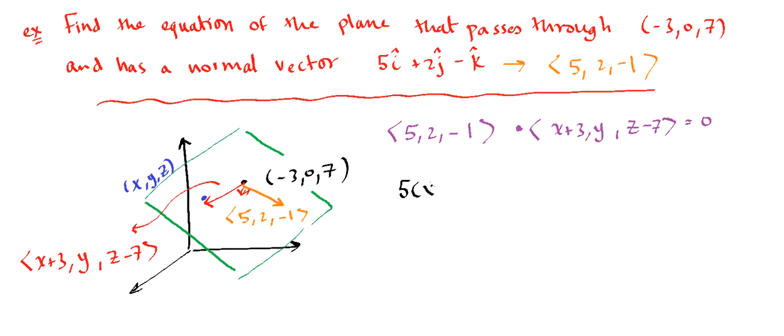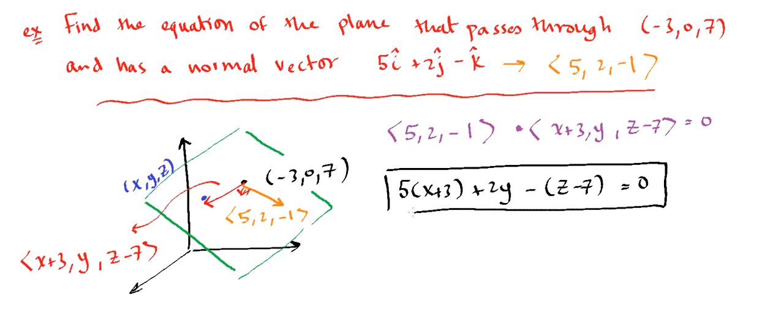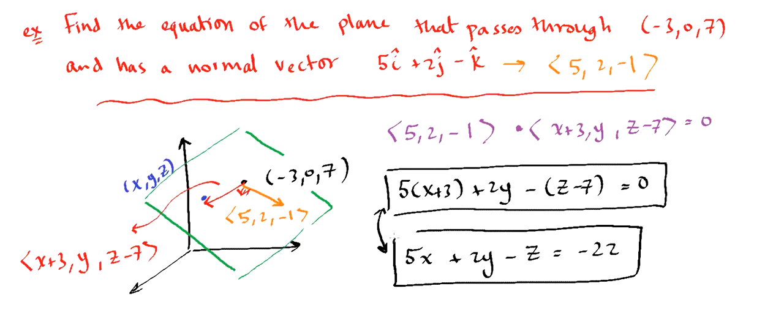It's going to be 5 times x plus 3 plus 2y minus z minus 7 is equal to 0. And in fact, this is the equation of the plane here. Of course, we can rewrite this as 5x plus 2y minus z is equal to negative 22, which is also an acceptable answer.